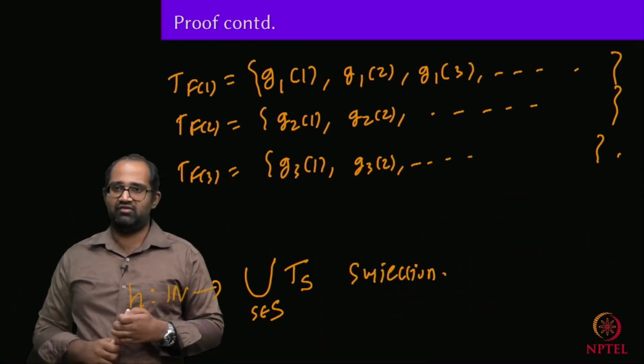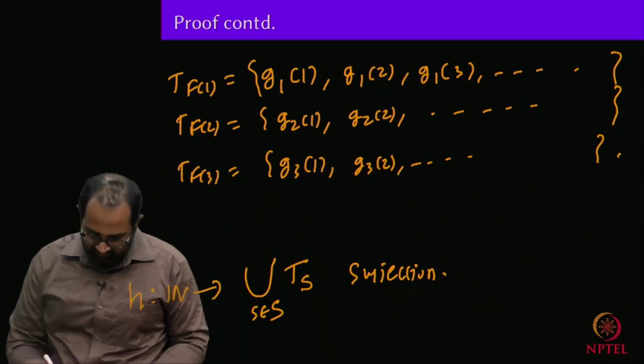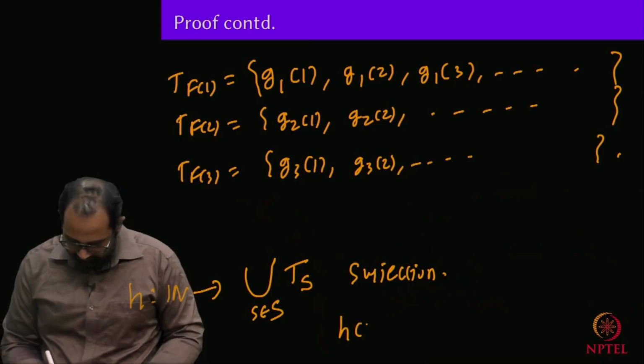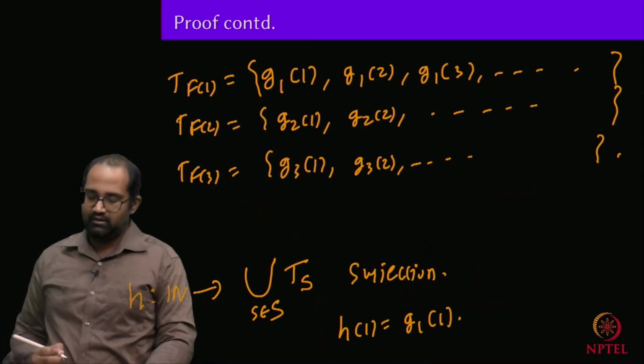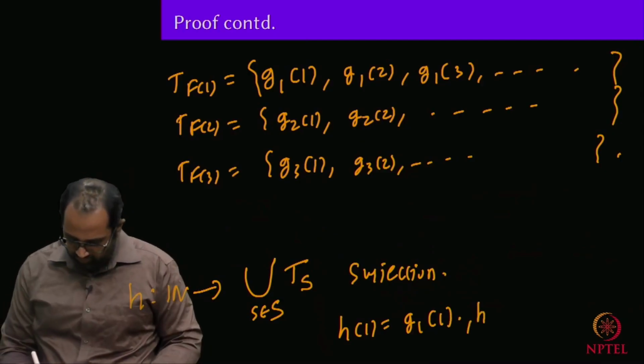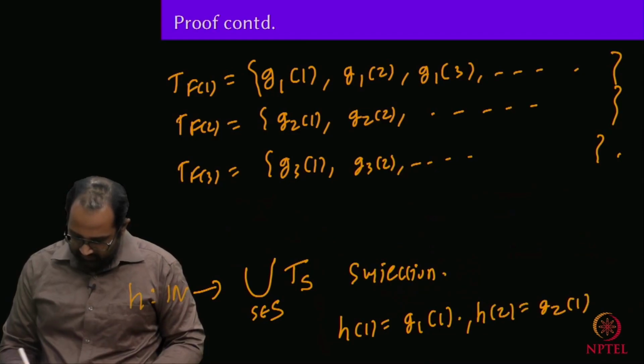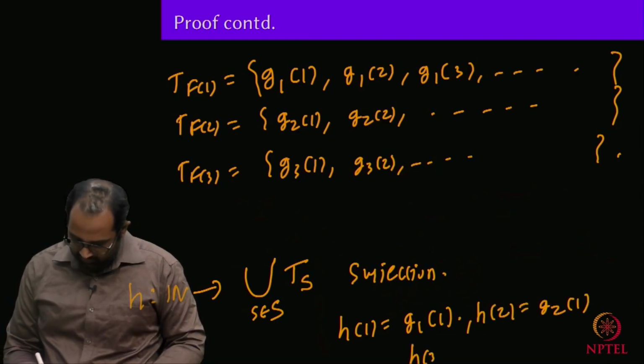There are many ways to do it. One particular way is, first set h of 1 to be g11. Then set h of 2 to be g21. Then set h of 3 to be g12. And so on and so forth.